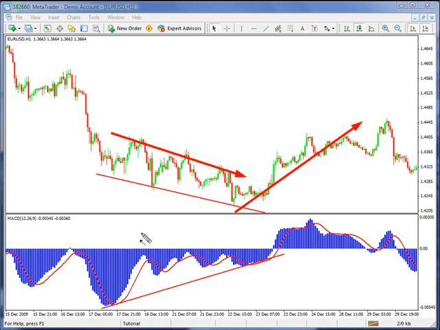So when you see that the market is opposite on the histogram to what the actual trend is doing, remember we're looking at this making higher lows, whereas the actual market is making lower lows. This identifies divergence.